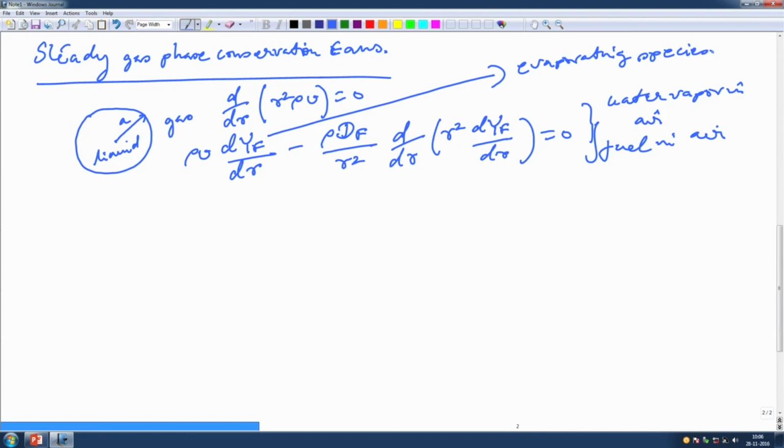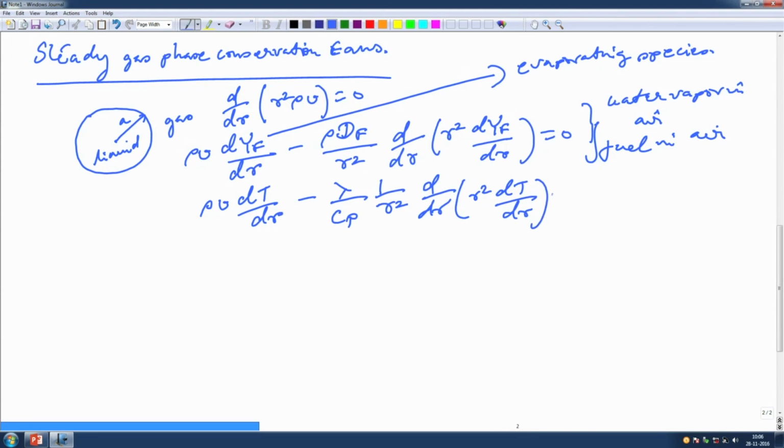Got it? This should be clear. So, that is the first equation, the species equation. Now, we can write the temperature form also. That is basically the energy equation.